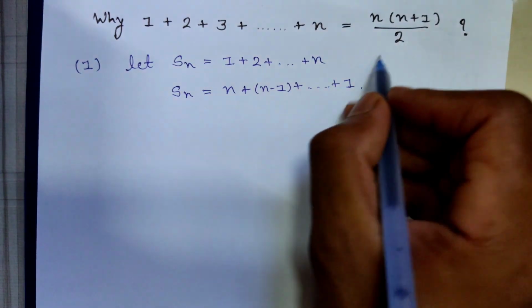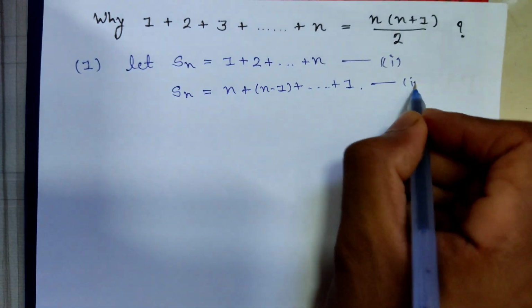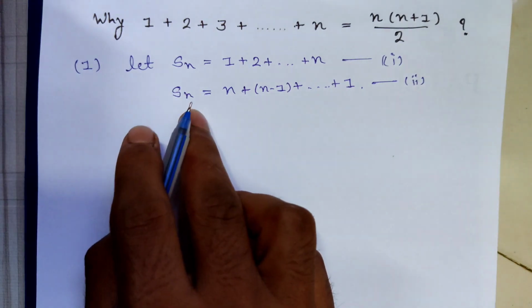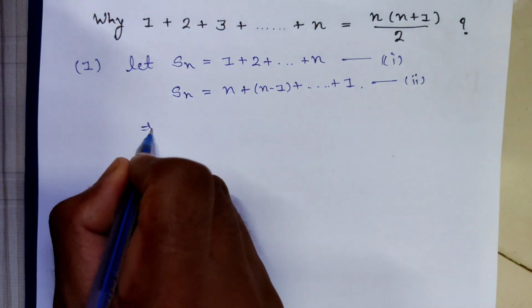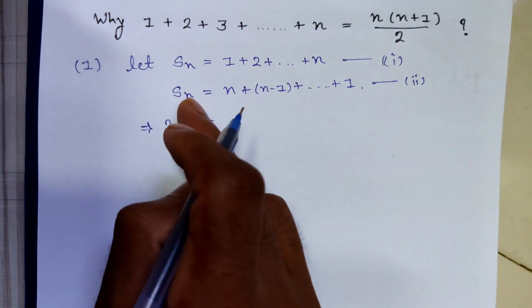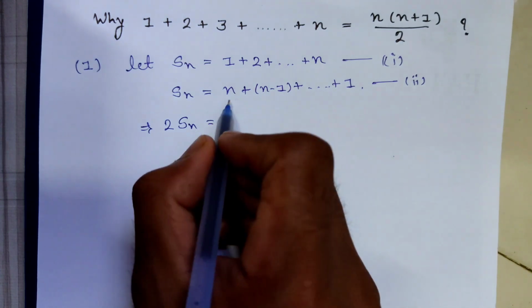This is equation 1 and equation 2, and I am adding equations 1 and 2. So 2Sn, left hand side with left hand side is equal to right hand side with right hand side.